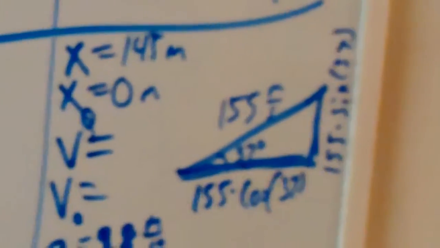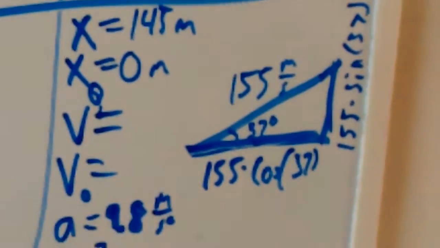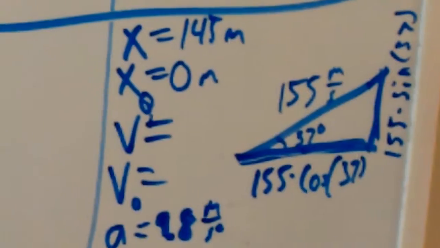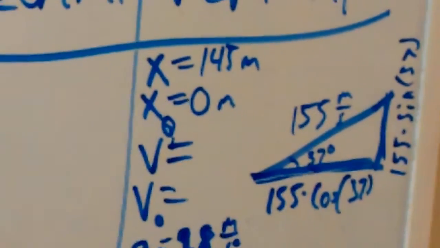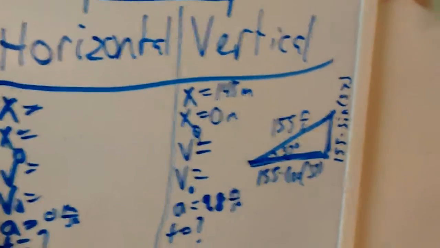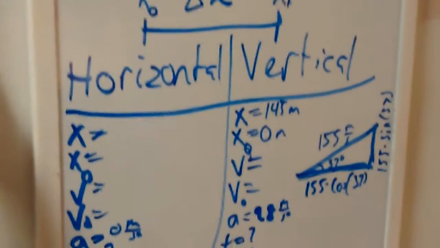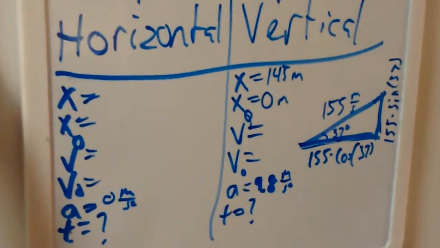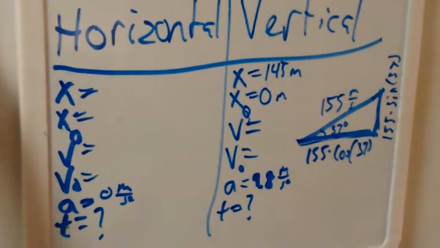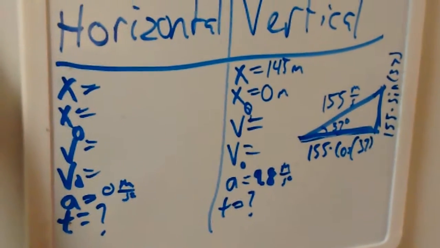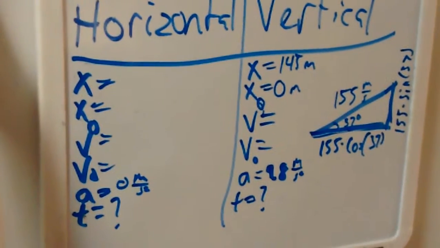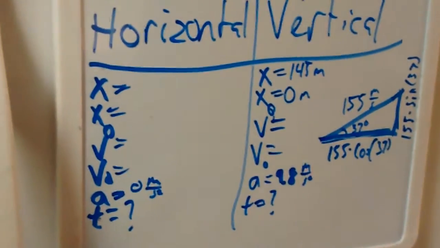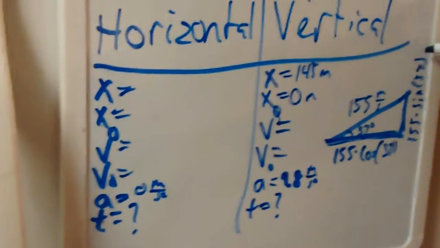Alright, using my calculator, I put 37 degrees, and the value would be 93.28 for the vertical.